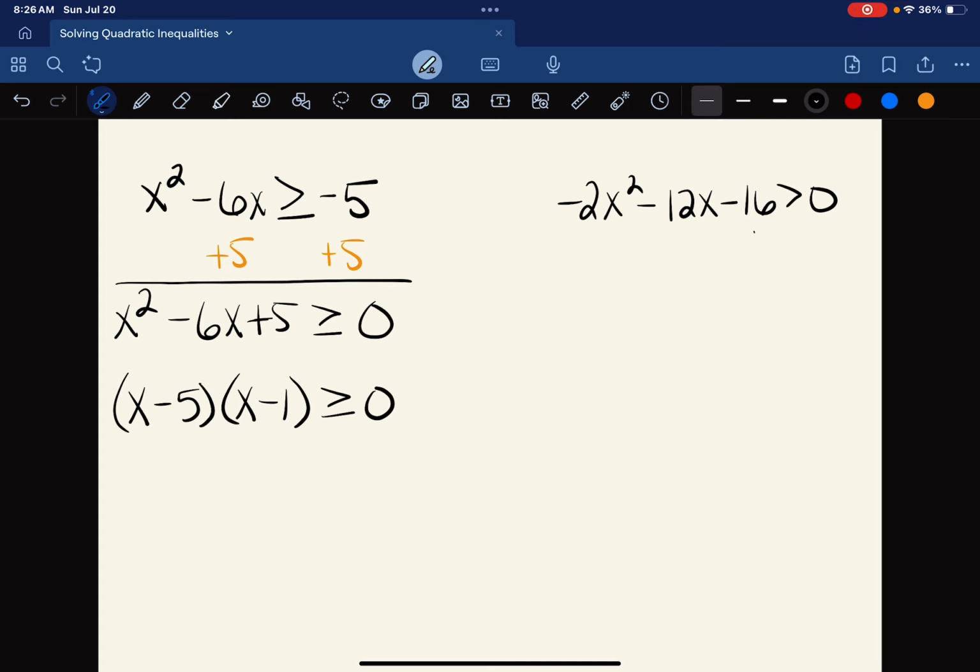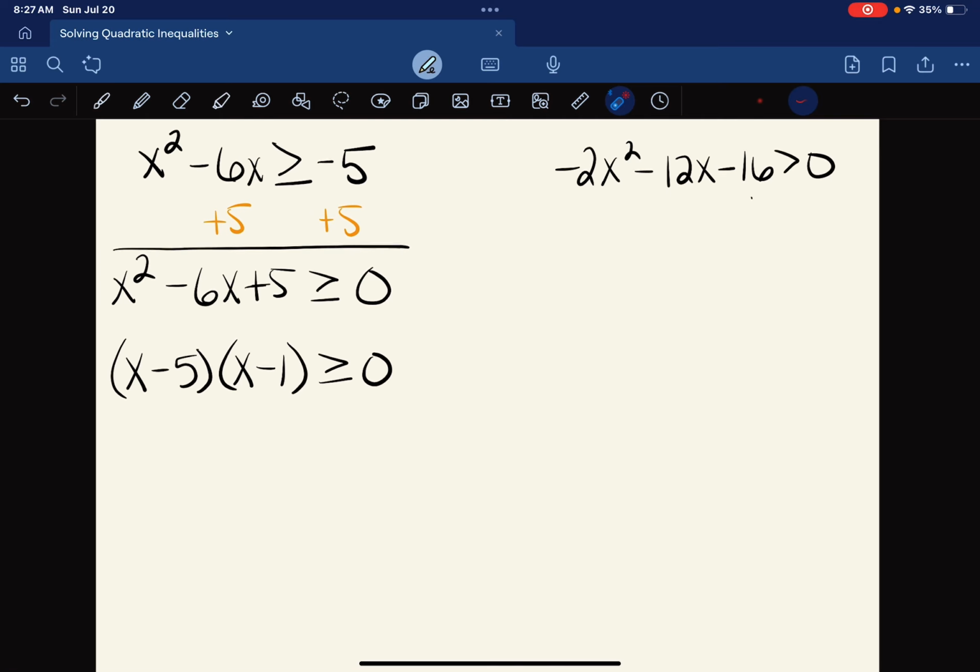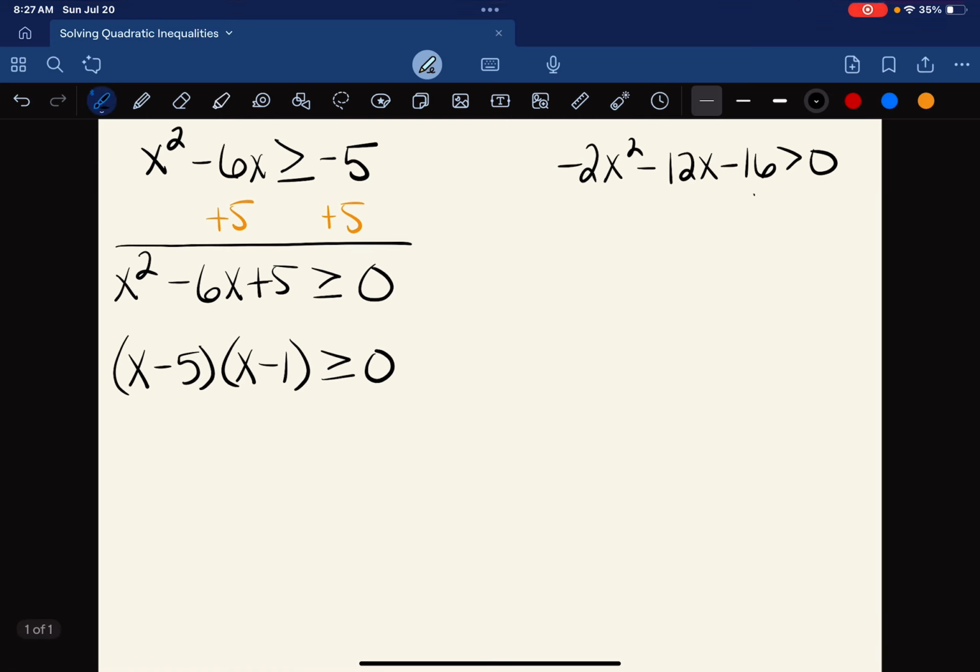So we have this quadratic expression that should be greater than or equal to 0. Again, we're going to treat this as a quadratic equation. When I multiply two values together to get 0, that means either my first factor has to equal 0 or my second factor has to equal 0. So let's say x minus 5 could equal 0 or x minus 1 could equal 0.